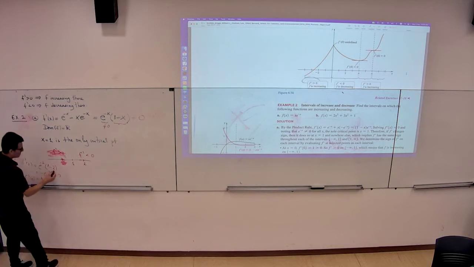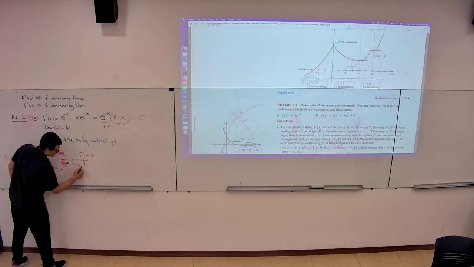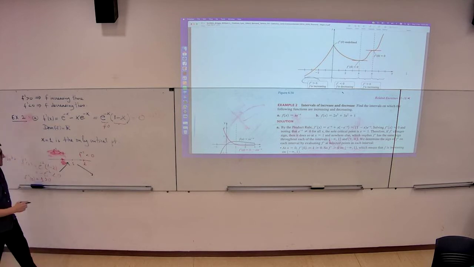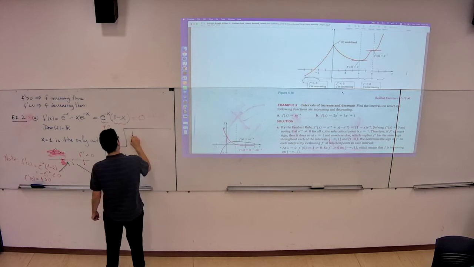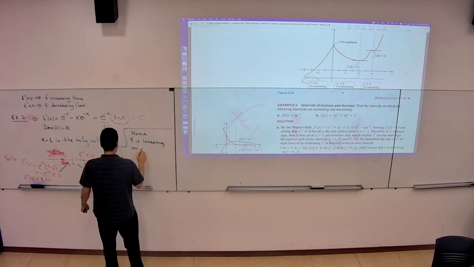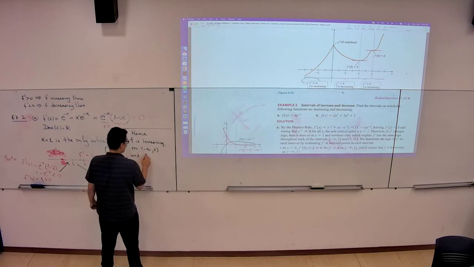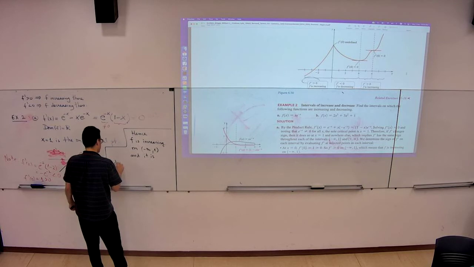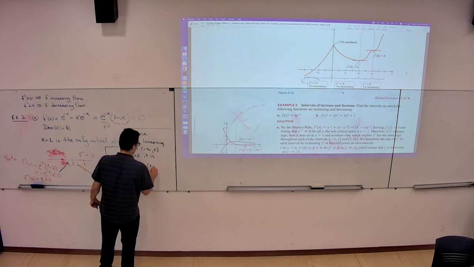Thus, the function is increasing, and past the point 1 and onward, the function is decreasing. Okay? So let me use this little slot here, hence f is increasing on negative infinity to 1, and it is decreasing on 1 to plus infinity.